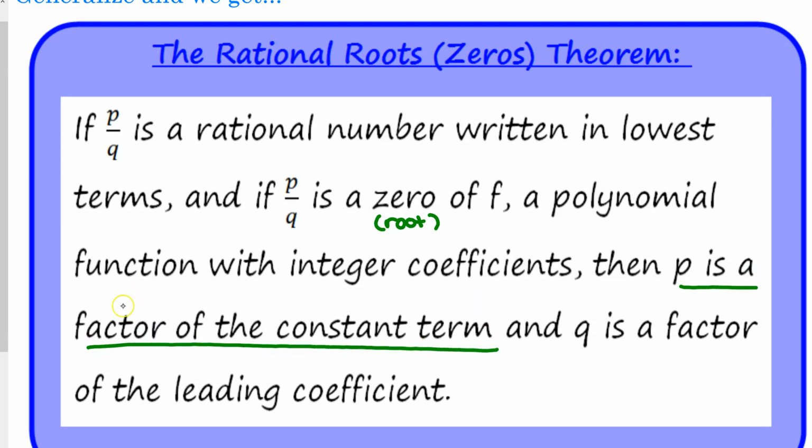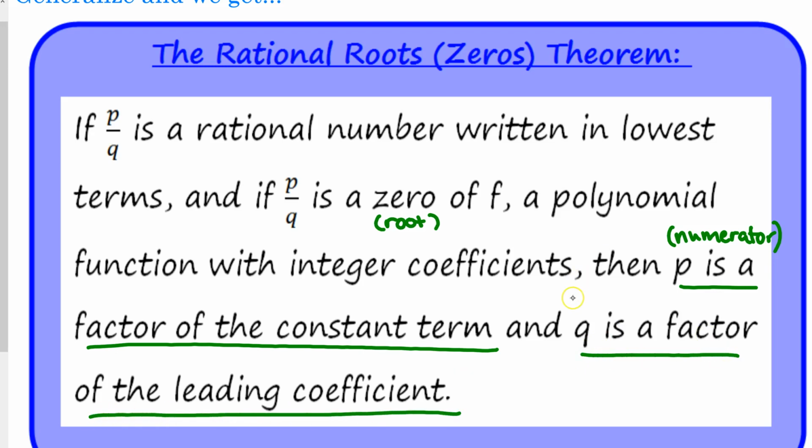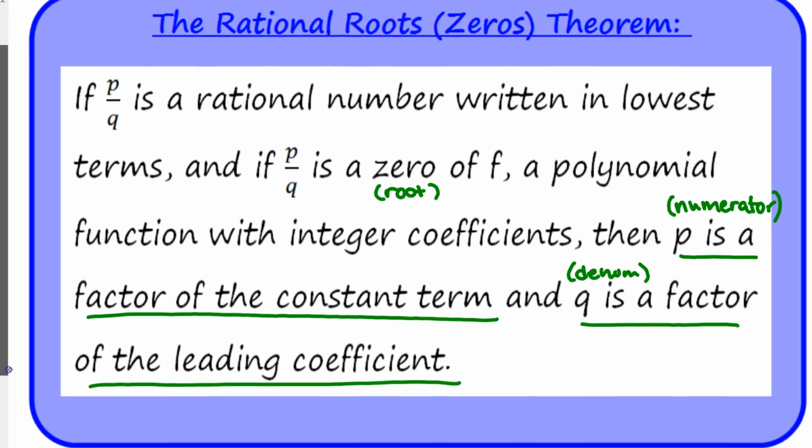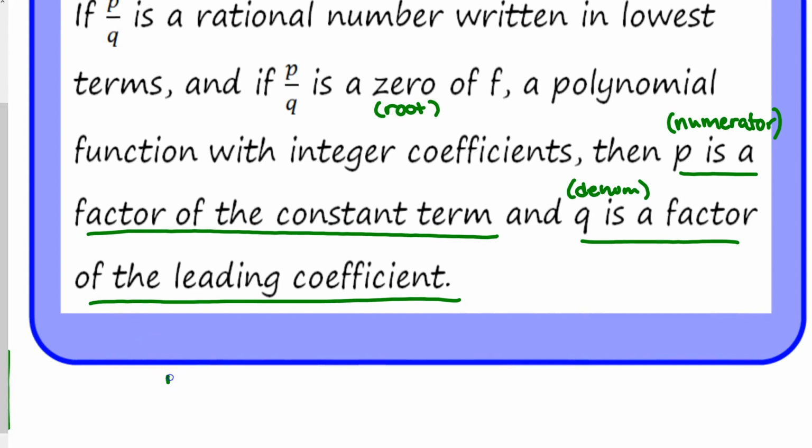So the numerator is a factor of the constant term, and Q is a factor of the leading coefficient. Q is the denominator. So numerator over denominator comes from the constant over the leading coefficient.